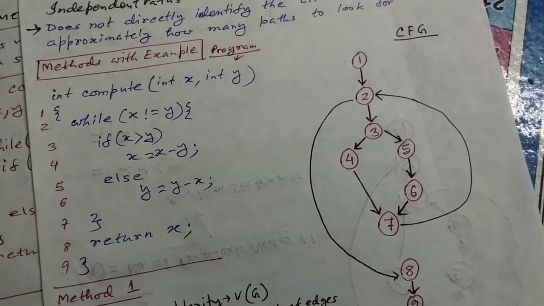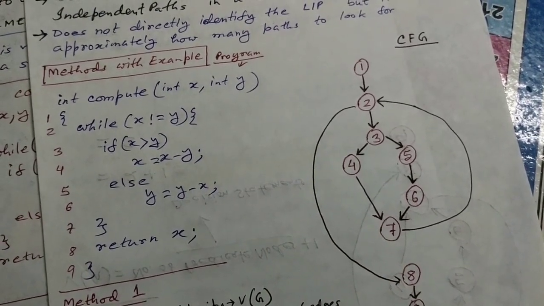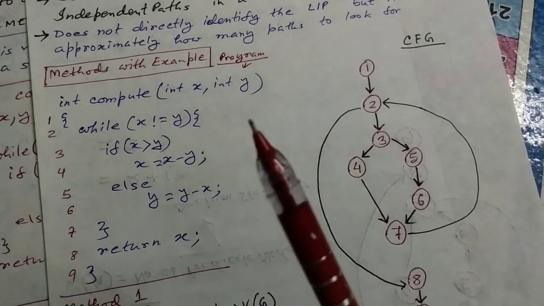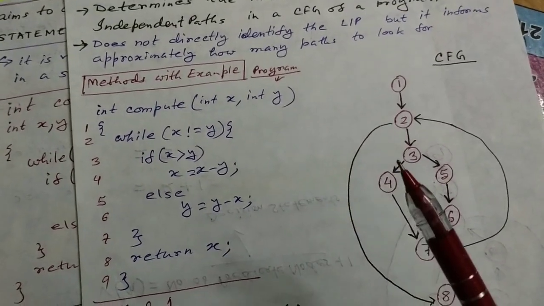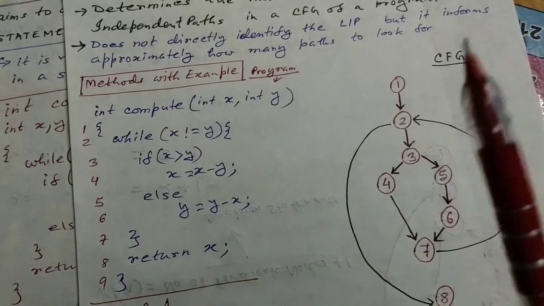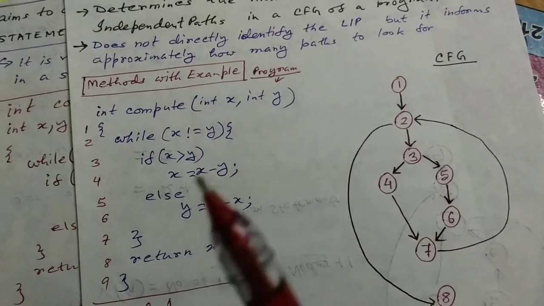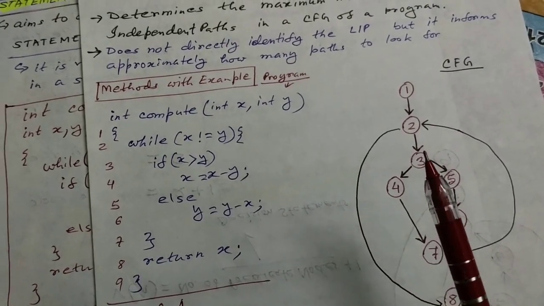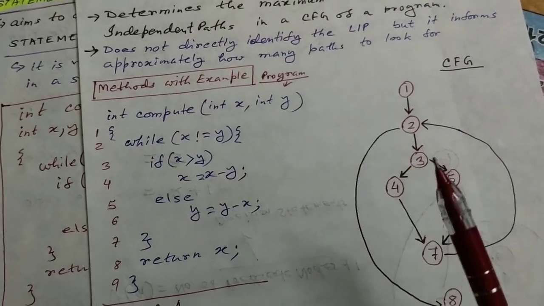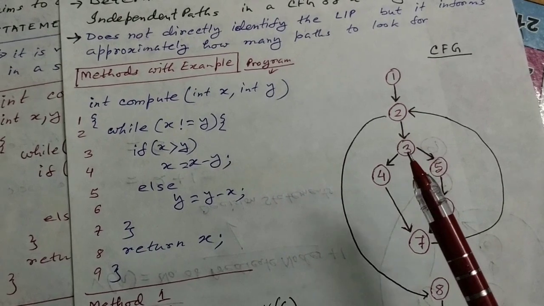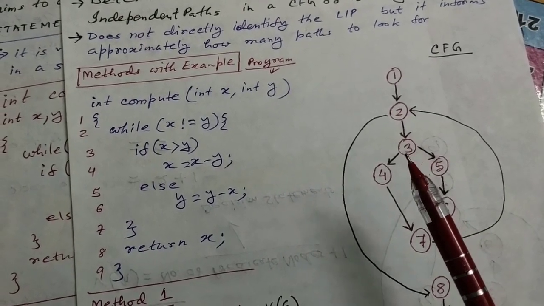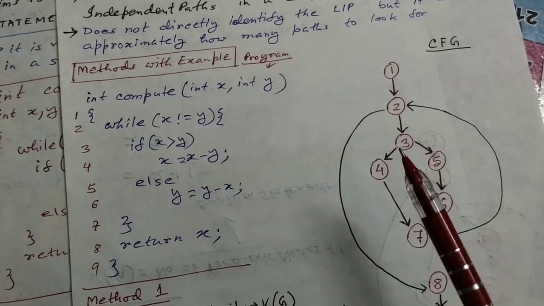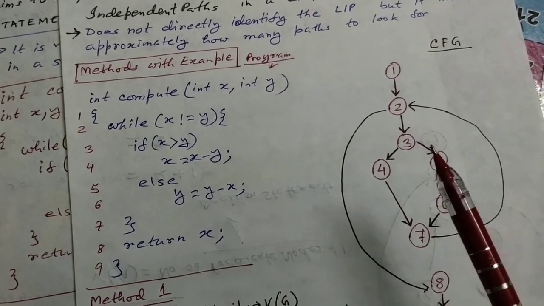And another thing, how to find the predicate node in an easier way? Just see, if from some node more than one branch is coming out, then that will be considered as a predicate node. Okay, this is a trick. So say from 3, as it is having a condition, it can be either true or false, so that's why two branches are there.